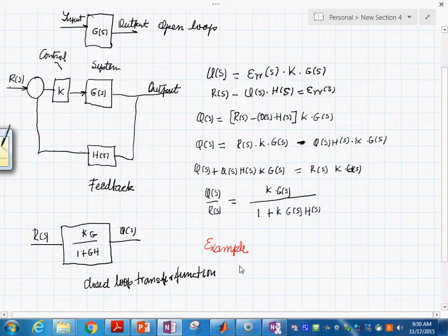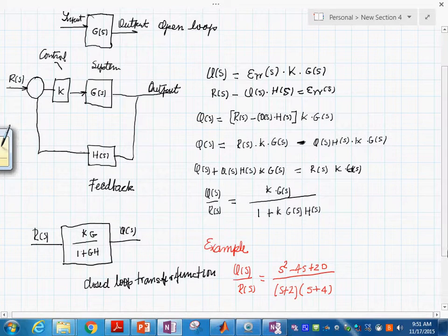Say that the transfer function here, output of S over R of S, is equal to, I'm going to write the polynomial, S squared minus 4 S plus 20, and the transfer function over here of the system is going to be expressed in factors, like this.